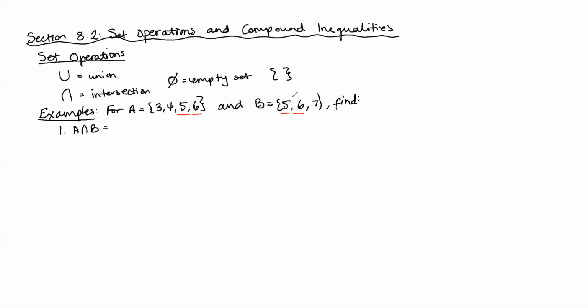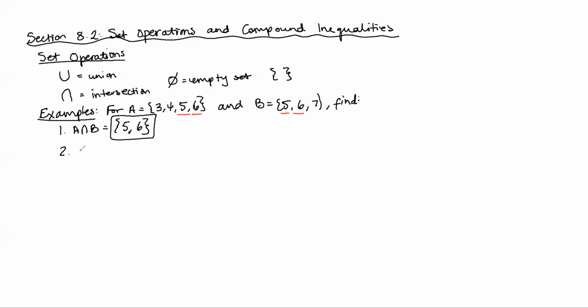The other numbers they don't have in common, this has a 3 and a 4, this one has a 7. So the overlap here is 5 and 6, and so our intersection is still a set, and it's going to be the set of the numbers 5 and 6. So that's all we're doing here for these intersections, writing down what they have in common.